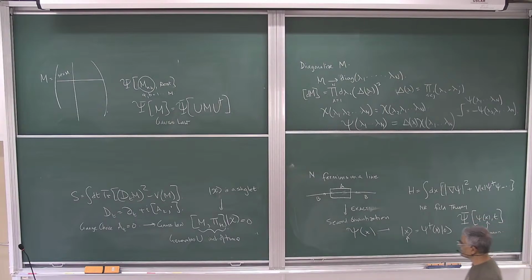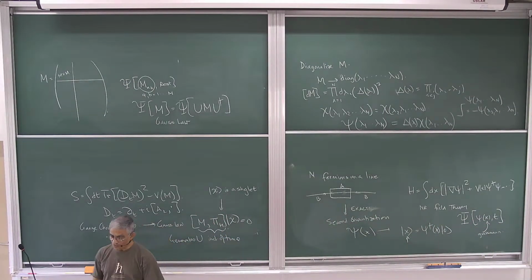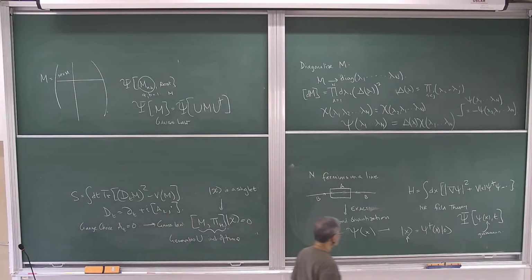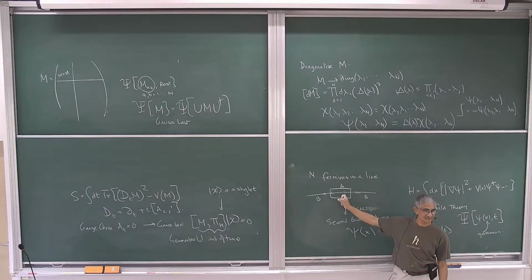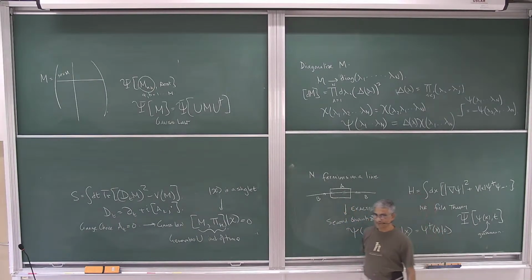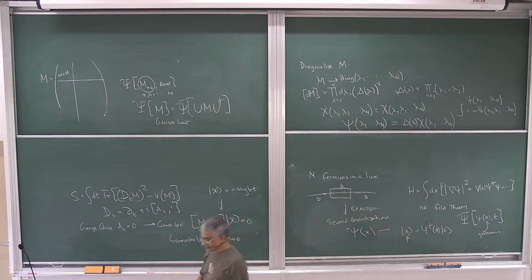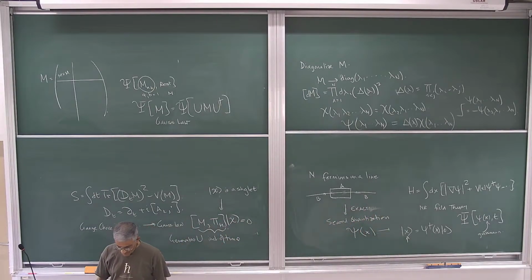The reason it doesn't refer to entanglement of, say, 10 fermions with the rest is because the wave function tells you there's a certain probability of having some number of fermions here. So that number is not fixed.